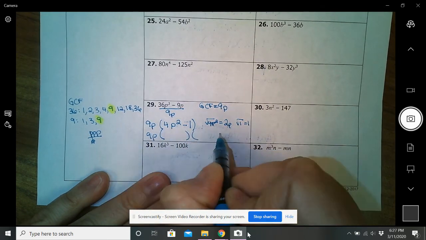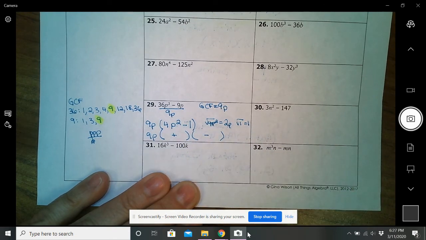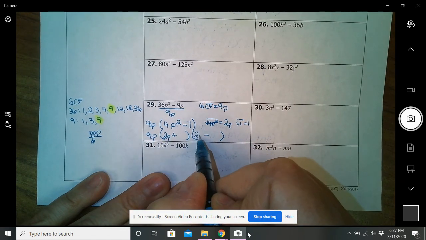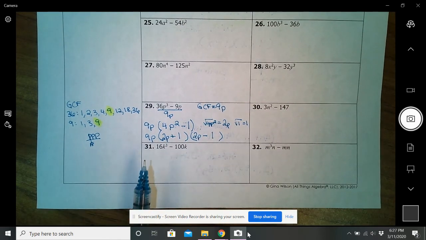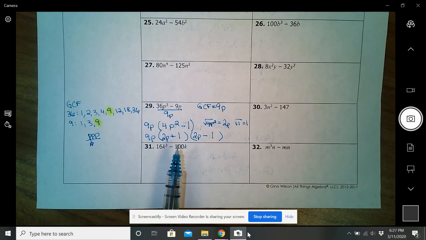Set up my pattern for a plus and a minus. The 2p goes into the first position, and the 1 goes into the second position. So I've got my GCF of 9p, and then my difference of squares of 2p plus 1 and 2p minus 1.